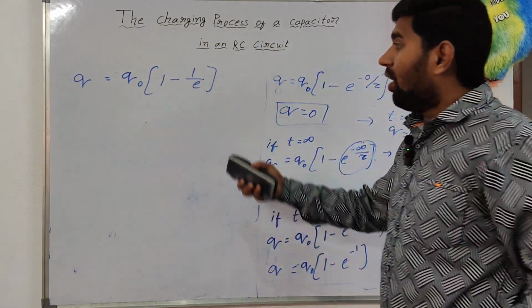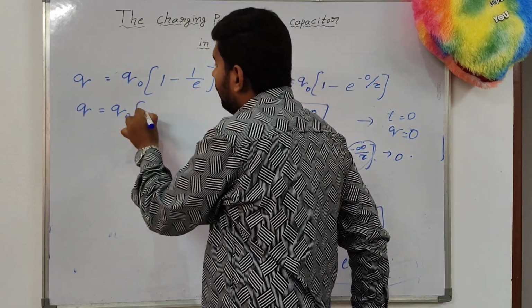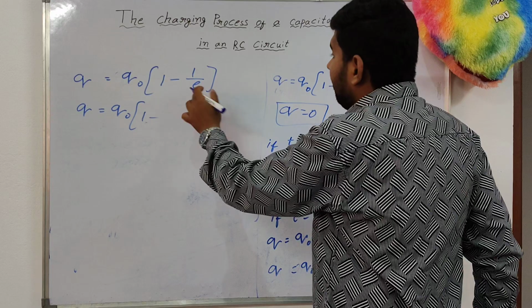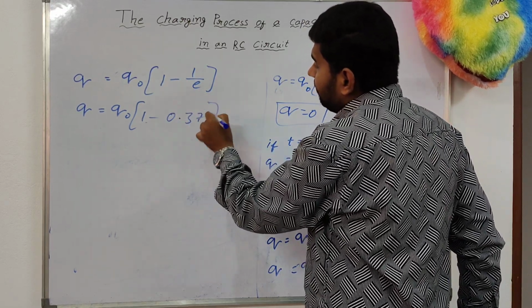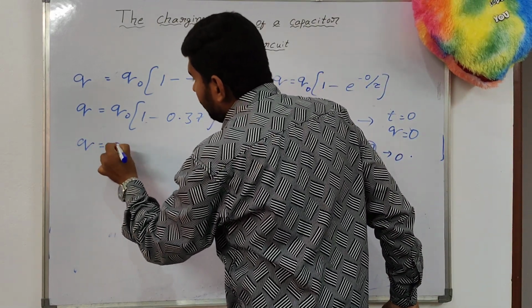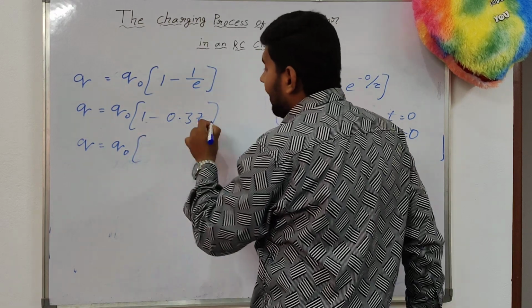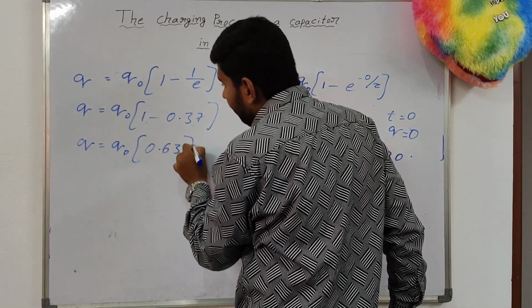We already know the 1 by e value, it is approximately 0.37. So Q is equal to Q naught into 1 minus 0.37, which becomes 0.63.